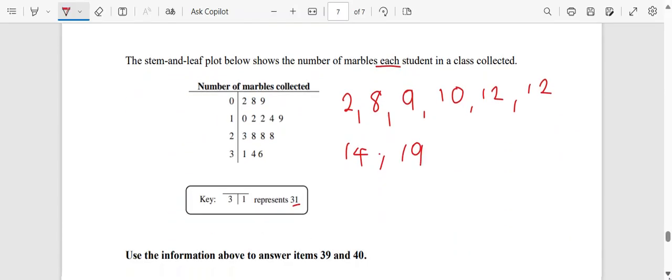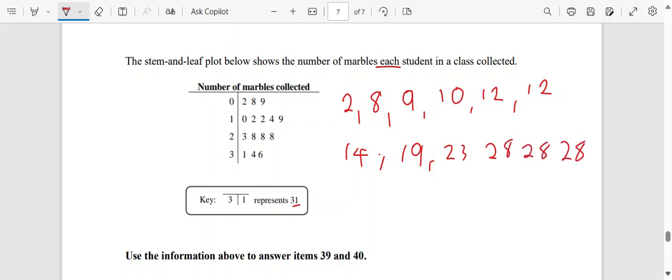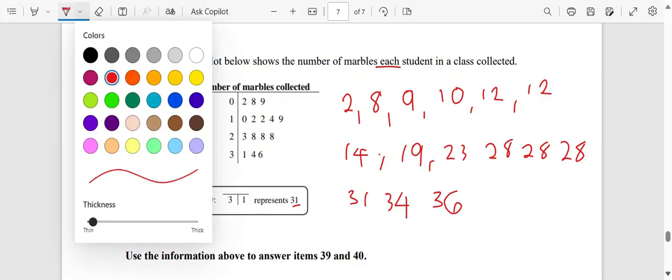All right. 2 and 3, which is 23. 2 and 8, 28, and we have 28, and we have 28. 3 and 1, which is 31. 3 and 4, which is 34. 3 and 6, which is 36. So let's find out how many students.